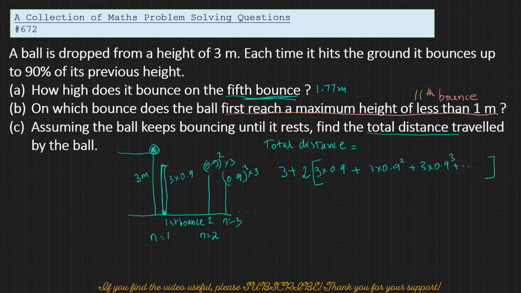So we know that S infinity, the sum to infinity, is a over 1 minus r, where a equals the first term and r is the common ratio.